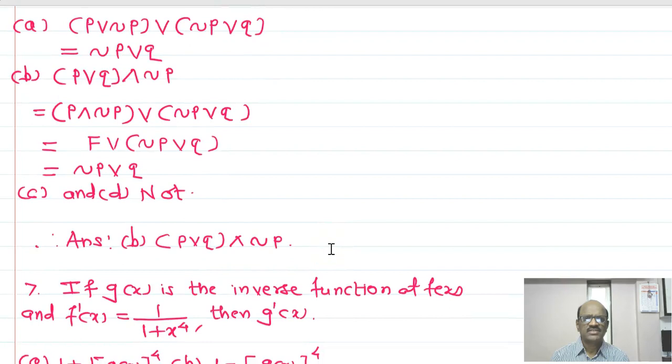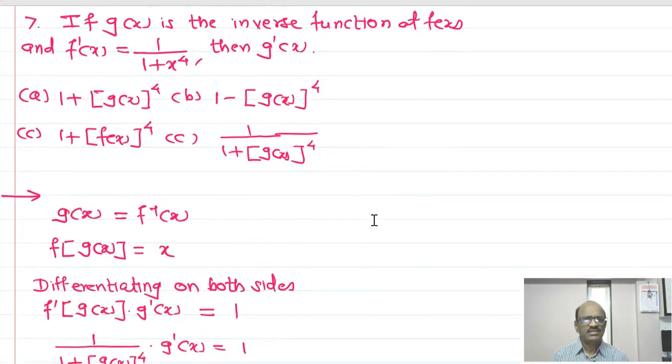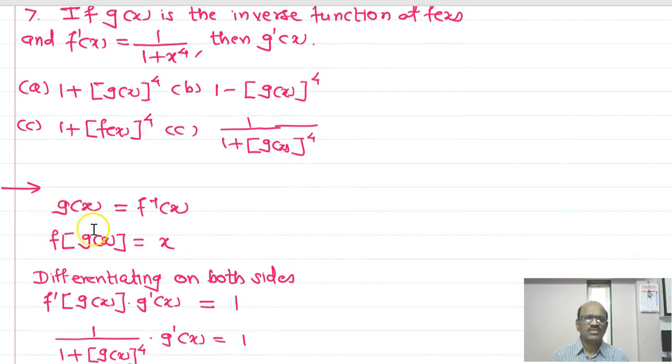Now next we'll see here, if g of x is the inverse function of f of x and f dash of x is equal to 1 upon 1 plus x raised to 4, then g dash of x is. Now we'll see that g of x is equal to f inverse of x. It is given. Now we can translate this as f of g of x is equal to x.